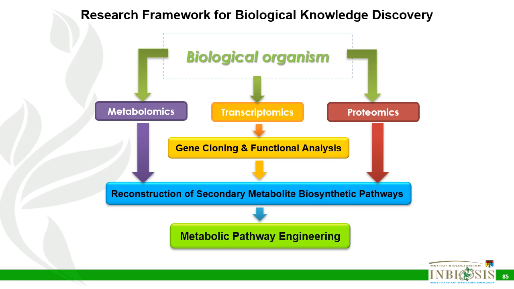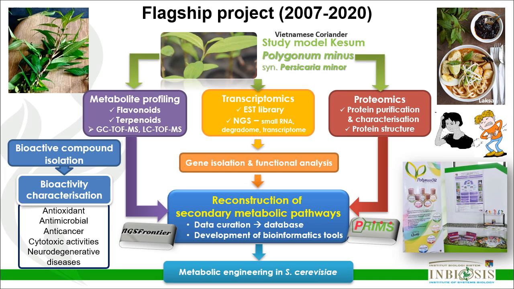To illustrate this, we use the flagship project on Polygonum minus, commonly known as the genome in Malaysia. It's called Vietnamese coriander in general, and the synonym is Persicaria minor. It's well known in Malaysia because of the pungent smell and taste used in the laksa dish. It's also used traditionally for stomachache and to treat dandruff.